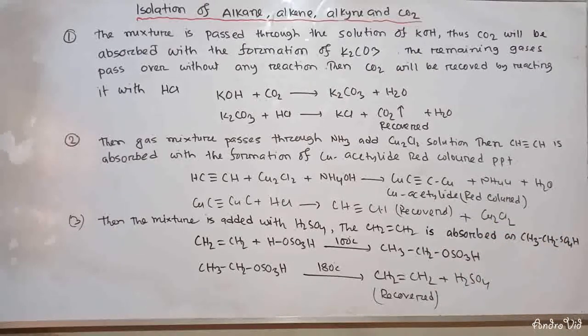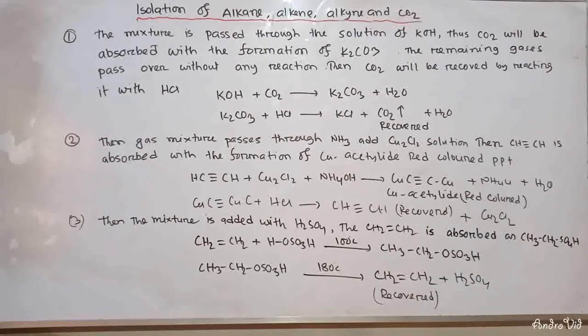After this absorption, you apply heat at 180 degrees Celsius, then ethyl hydrogen sulfate is converted back to ethene along with sulfuric acid. In this way ethene is also recovered.